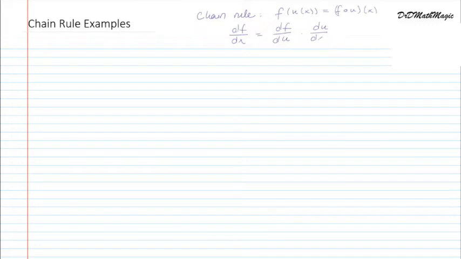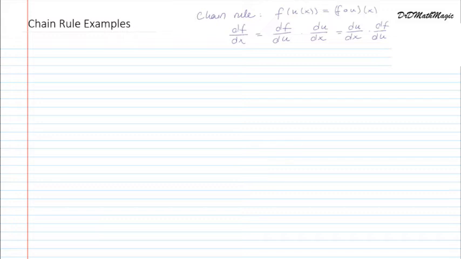So if I have f of u of x, in other words, a composition of f and u on x, then I know that the derivative of f with respect to x is going to be the derivative of f with respect to u times the derivative of u with respect to x. Or I can think of it also as the derivative of u with respect to x times the derivative of f with respect to u.